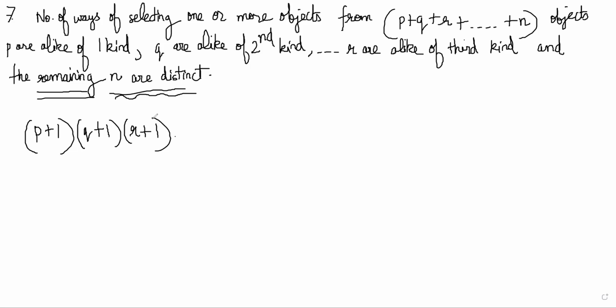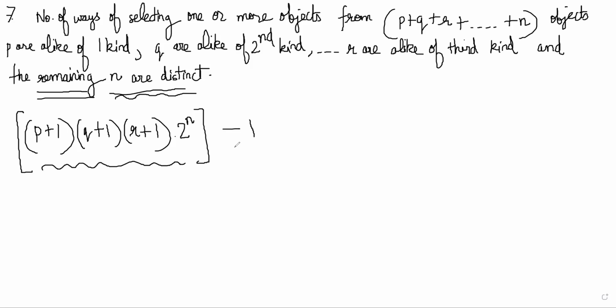But then, what about the n different things? 0 or more out of the n different things would be 2 power n, right? And the total number of ways is 0 or more, minus 1. So here you have selected 0 or more and you're subtracting 1 for the case where nothing is selected, right? Does it make sense? It is combining the ideas from before, right?